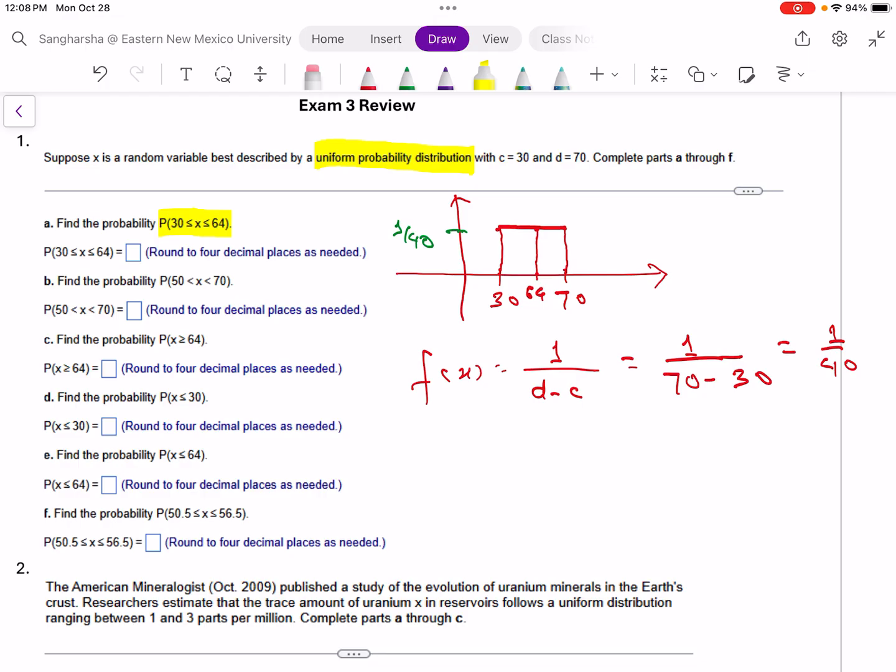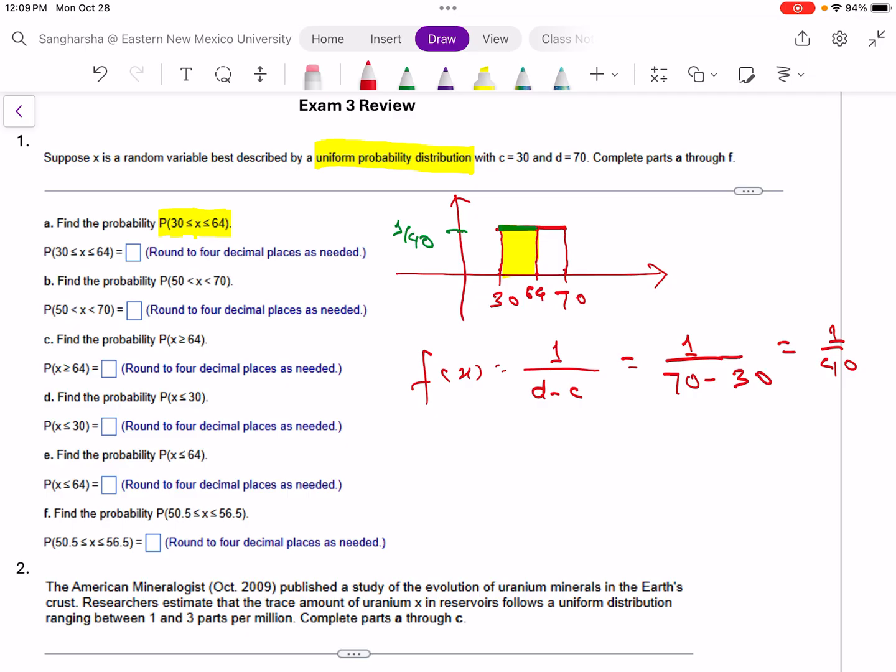Since you are asked to find the probability that x takes a value between 30 and 64, you are finding the area under the curve from 30 to 64. So between 30 and 64, we have this part of the graph. We want to find the area of this region, and this area will be the probability.